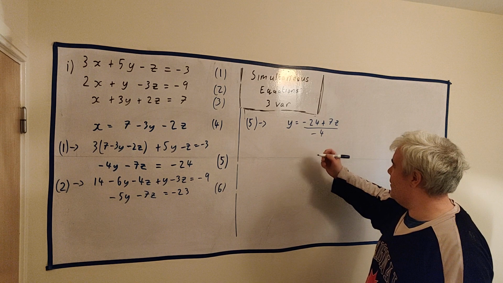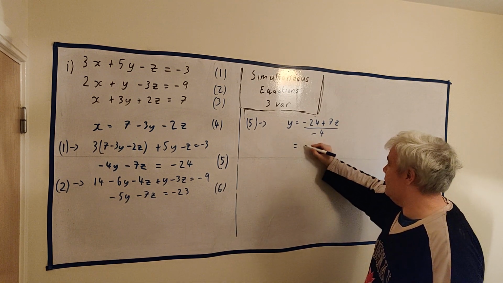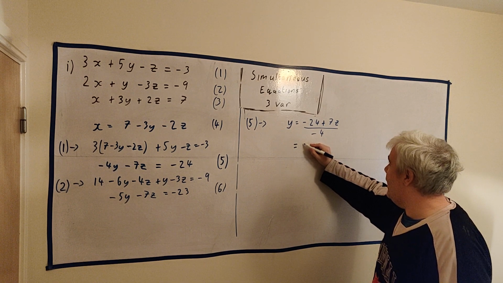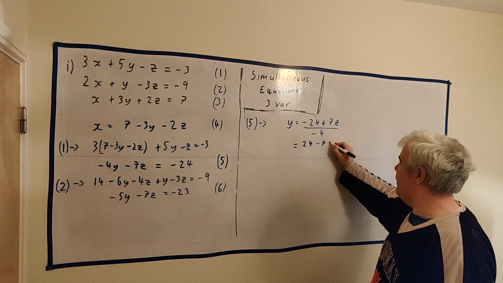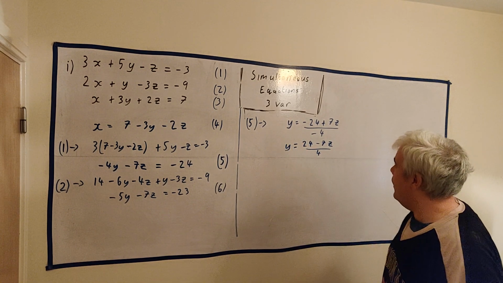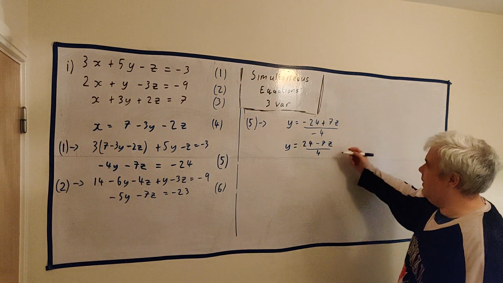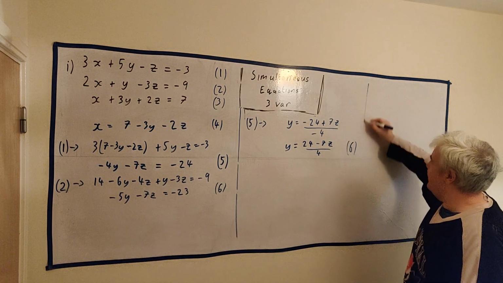Although there's too many minuses. I don't like leaving a minus in the bottom row. You can if you want, it just doesn't look that great. Doesn't divide into both of them. So I'll just go 24 minus 7z over 4. That's y equals, so this is an equation. Let's see, what we call this, 6.